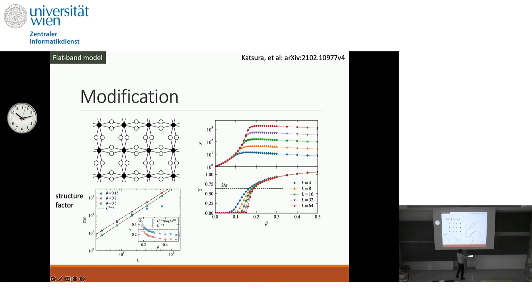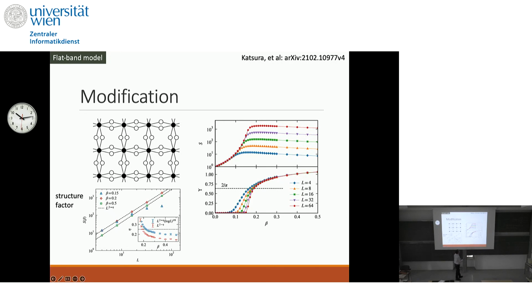Maybe this picture might be easier to explain. This is the structure factor as a function of beta, and if beta is large, it means that there is more hopping. So as you go to larger and larger hopping, you get bigger and bigger structure factor, and there seems to be a phase transition near here, but since this is a KT transition, it's a little bit tricky to locate the exact position of the phase transition.